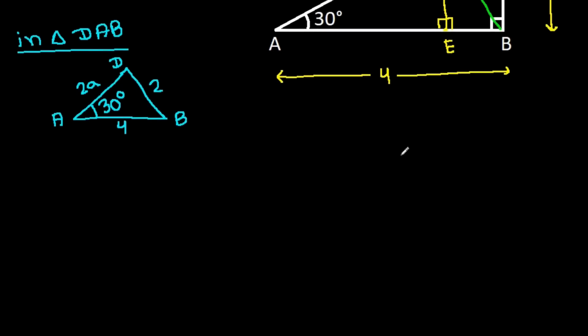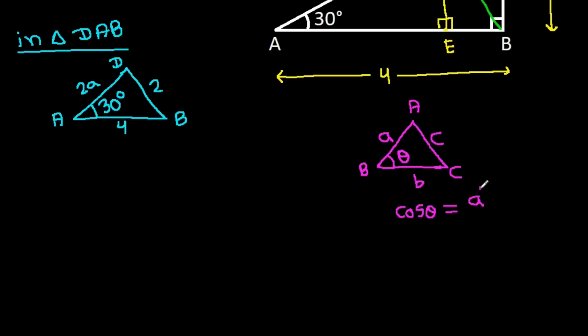And in any triangle ABC, if AB is a, BC is b, AC is c, and this angle is theta, then cos theta is (a square plus b square minus c square) by 2ab.